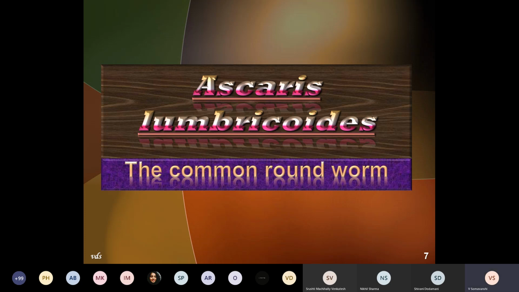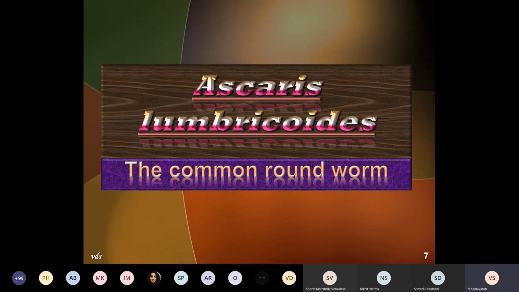Now, in the case of nematodes, the common names are given according to the shape and morphology of the adult worms. Understand this. Here, Ascaris lumbricoides, the most important parasite we are going to study in intestinal nematodes, is commonly called the common roundworm.